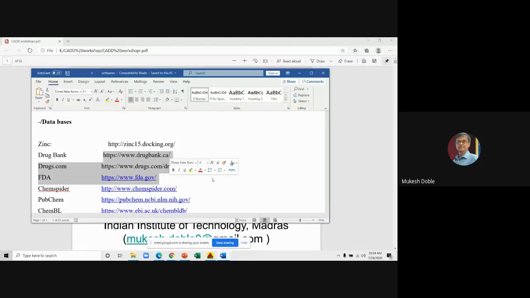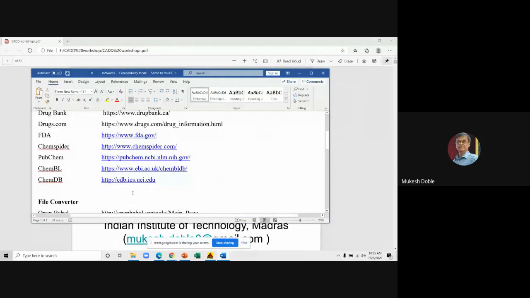So DrugBank, drugs.com, FDA contain information about drugs which are in the market, even failed drugs also. If one is interested in a particular disease, you can start looking at those molecules. And then there are other databases also, ChEMBL, PubChem, and so on.